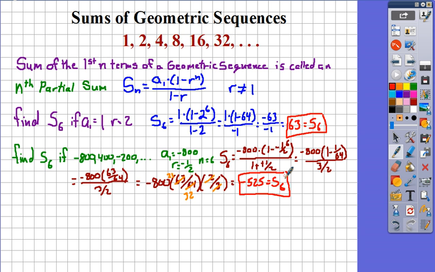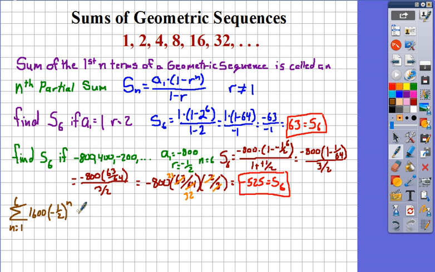Now the last thing I'd like to show you is that we could actually use summation notation to solve the same problem. We could look at this as the sum of n equaling 1 to 6 of 1,600 times negative 1/2 to the n power.